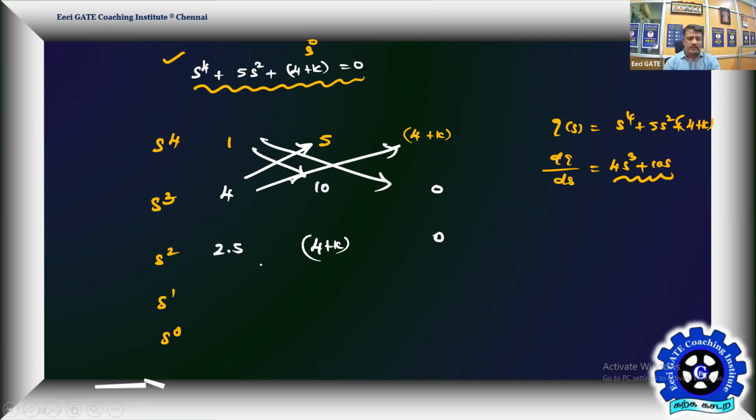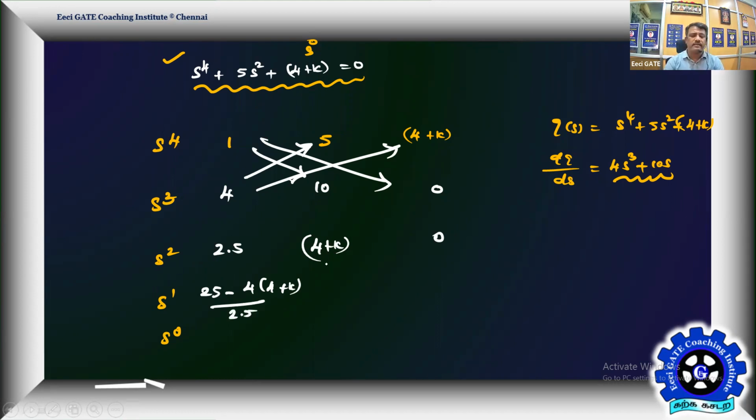Okay. Now 2.5 into 10, same logic. 2.5 into 10 is 25 minus 4 into 4 plus k, divided by 2.5, we will get.